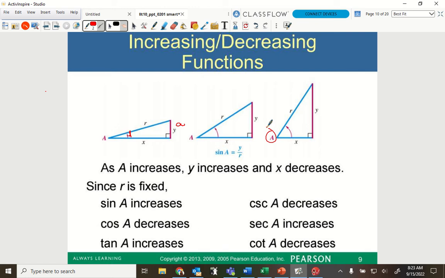So by looking at this, I know that A is going to be bigger than this one up here, right? So that means that Y has to be greater than X, isn't it? So over here, I know that my Y is going to be less than X, right?